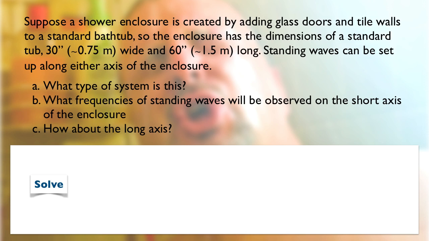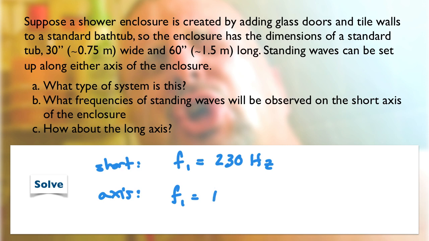And to solve, we really only have to do F_1. So let's do that for the short axis and for the long axis. If we do that and take a typical value for the speed of sound, what we get for frequency 1 on the short axis is 230 hertz. On the long axis, it's 115 hertz.